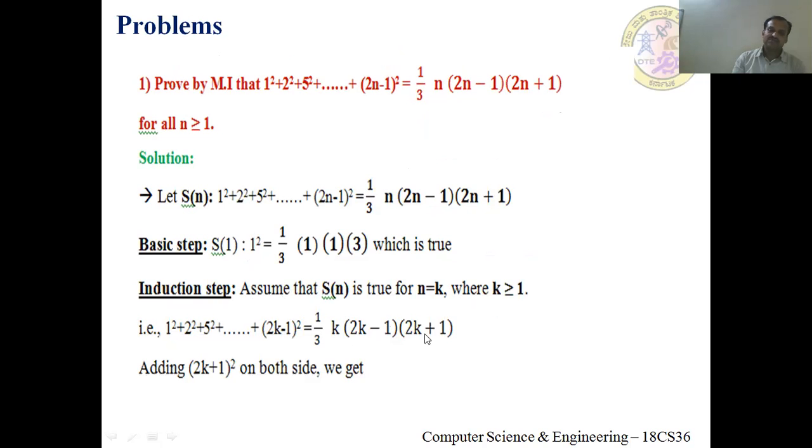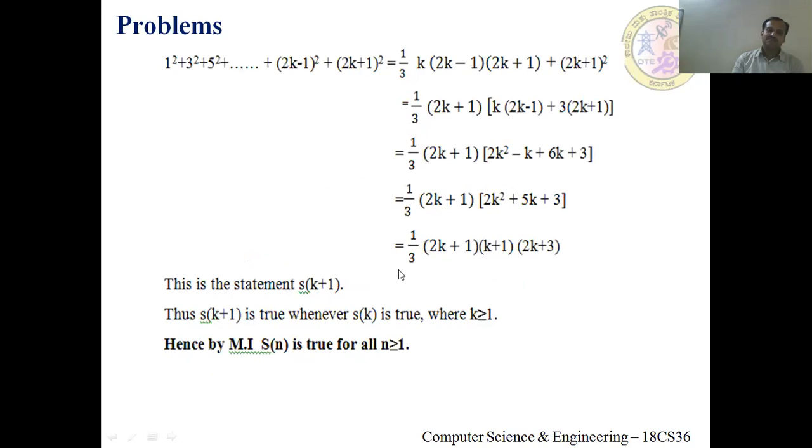Then in the induction step, we assume that your statement is true for n is equal to k. After assuming, we prove that your statement is also true for n is equal to k plus 1. If it is true for n is equal to k plus 1, then by the principle of mathematical induction, S of n is true for all the values n greater than or equal to 1.